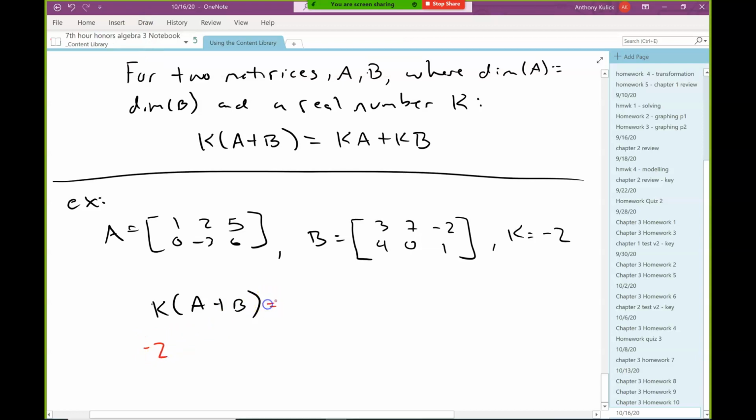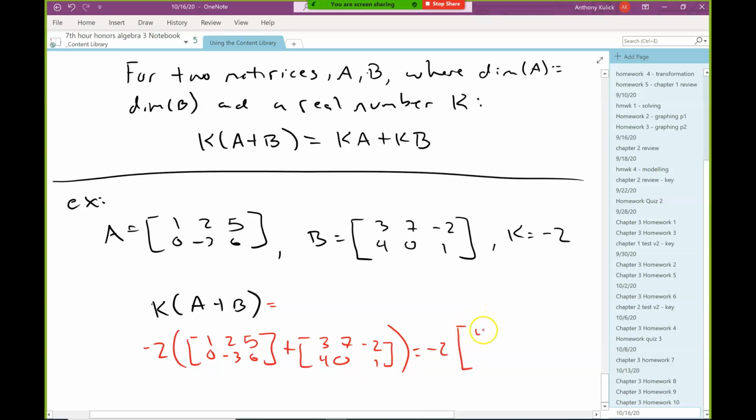So one option is that we could do the addition first, and then do the scalar multiplication second.